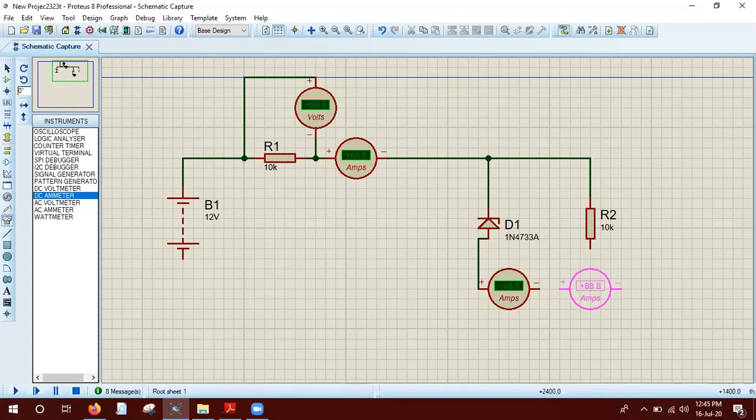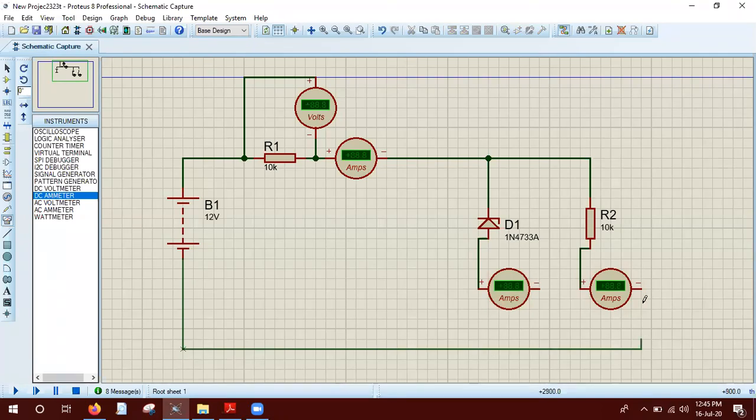I want one more ammeter here to see the current across this branch. Now I will connect the other terminal of the voltage source and complete the circuit. Okay, it is completed. One thing is left: I want to see the voltage of R2.